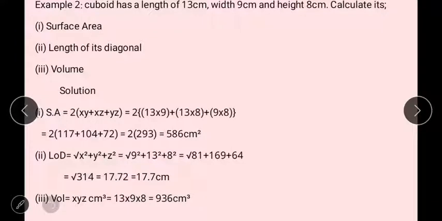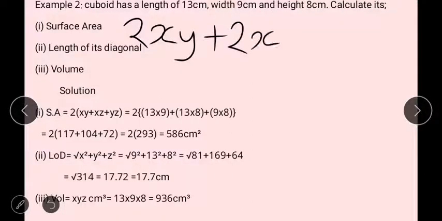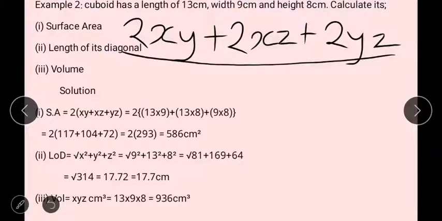Solution. To solve this, the surface area of a cuboid is given as 2xy plus 2xz plus 2yz. As a mathematics student, look at this and tell me what is common to all these families.